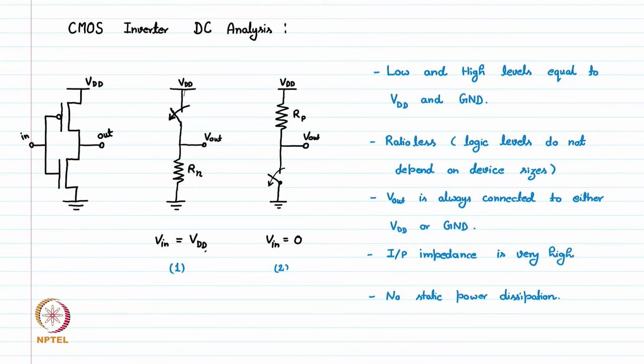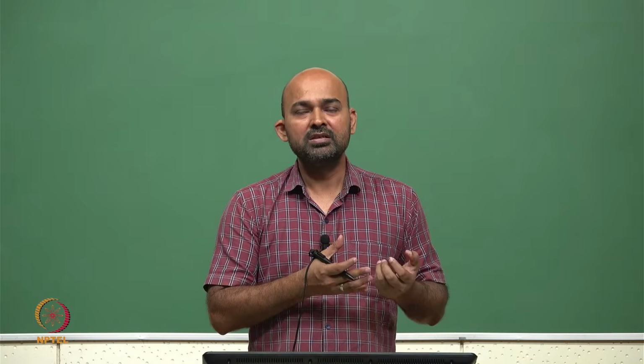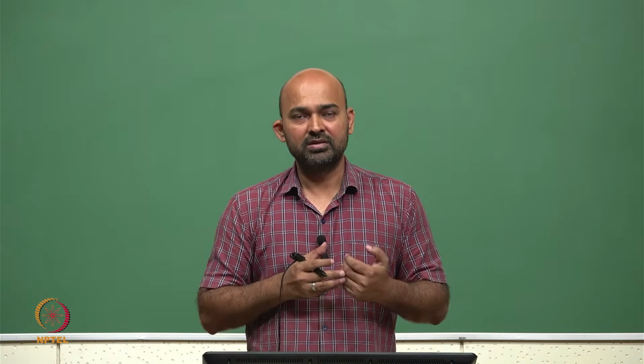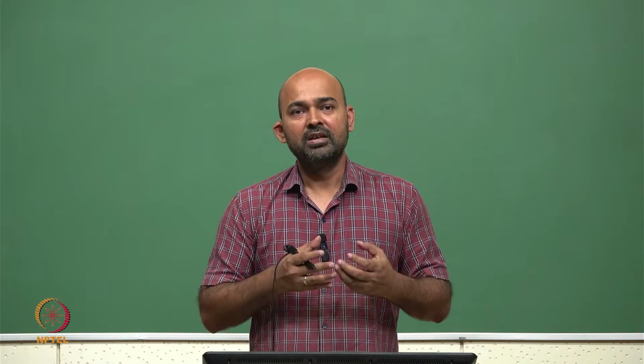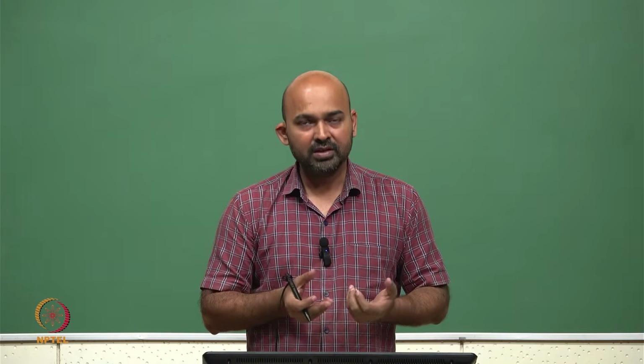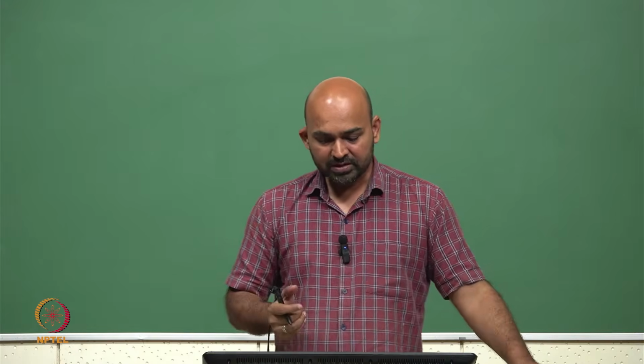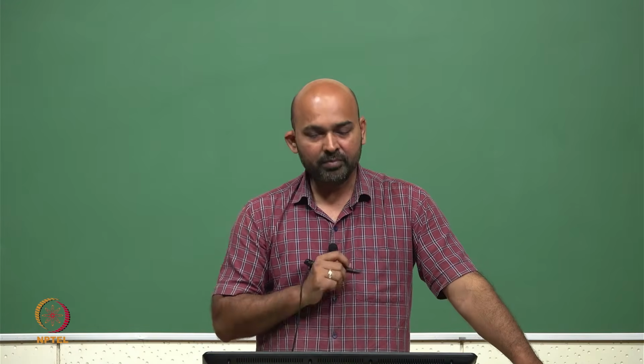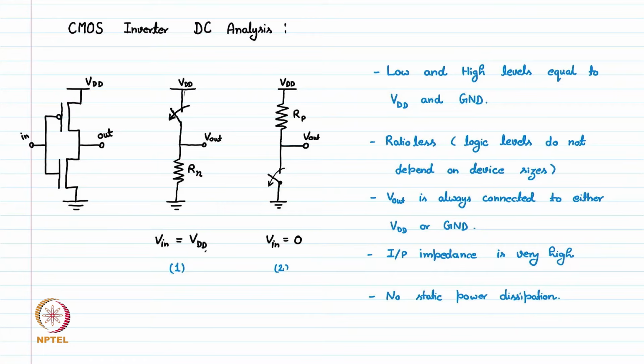There is no burning of power when the signal is not transitioning. If the signal is static, there is no current consumption. So, these are some of the points which we can see from DC analysis: low and high levels, ratioless, input impedance is very high, and no static power dissipation.